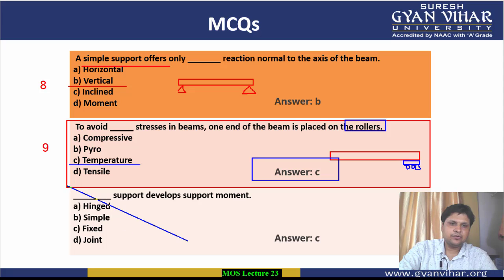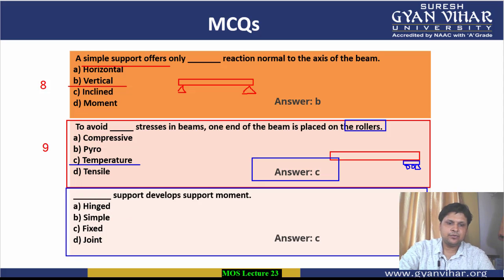Coming to MCQ number 10, the last MCQ, students. The MCQ says that a dash support develops a support moment. So which support develops support moments? According to the options, A is hinge, B is simple, C is fixed and D is joint. Of all these, a moment is developed only when the end of the beam is fixed.